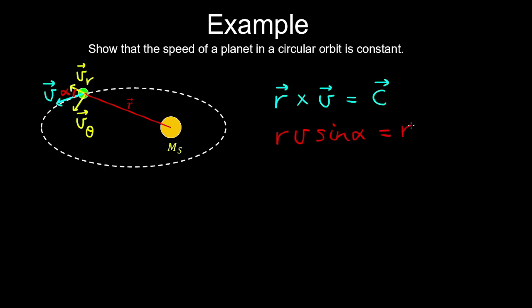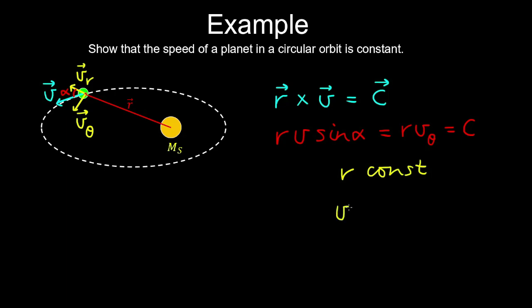So we can write this as r by v theta, and the magnitude of the cross product is equal to the magnitude of the constant vector out of the plane, being the resultant of the cross product. And for a circular orbit, the magnitude of the radial vector is constant.